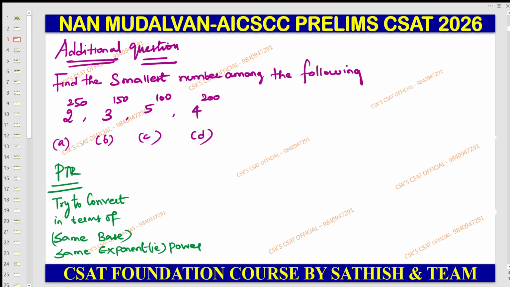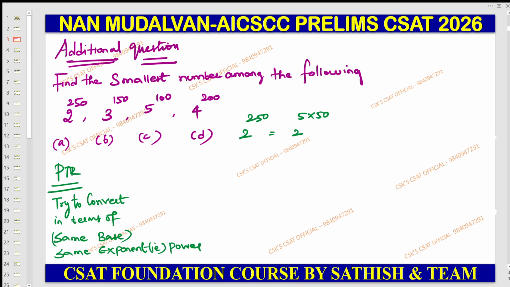Let me explain this problem first. 2 power 250 is nothing but 2 power 5 into 50, because if you see the question, all the powers are multiples of 50.